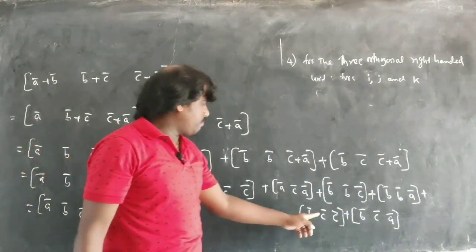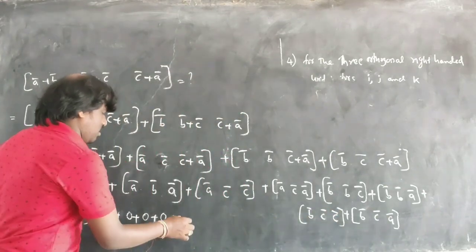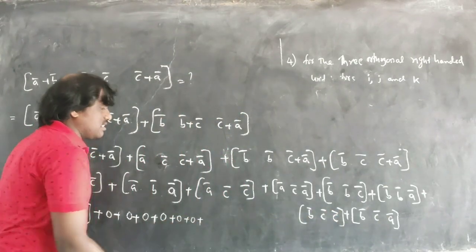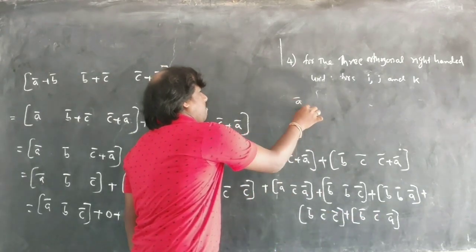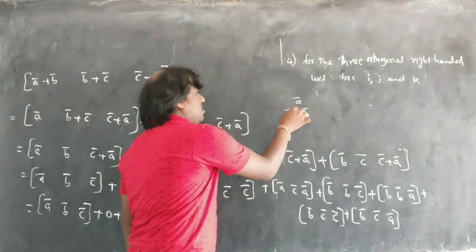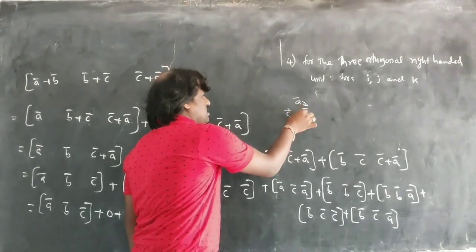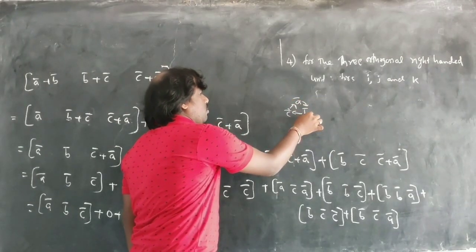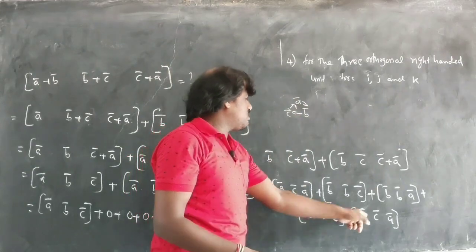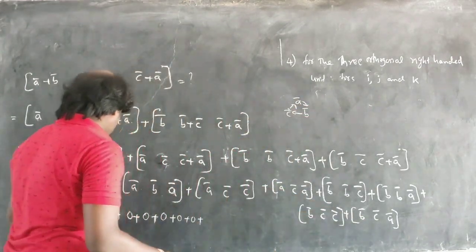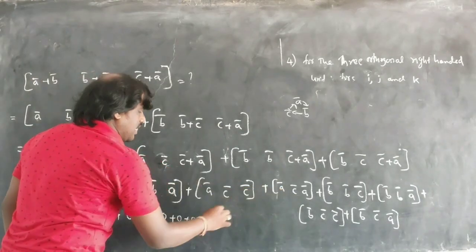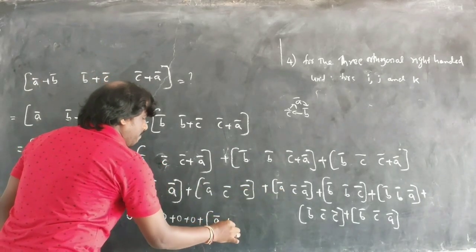And here B C same, 0. And the last one, see that B C A, you can see that A B C, I told you A B C will be equal to BCA. These both are equal in the cyclic order. So BCA can be written as ABC.